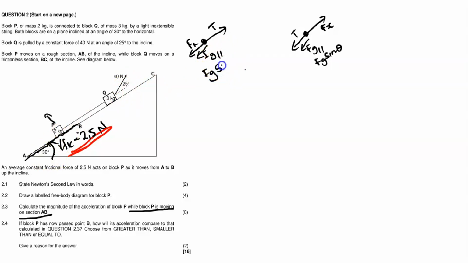So even this one is Fg sine theta. So we've got three forces acting up the incline, on the 2 kg block, and the other 3 kg block. We've got 3. Then we go to this equation. F net is equal to ma. And then even on the other one, we'll be doing the same thing. F net is equal to ma.